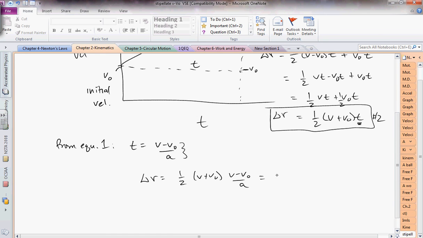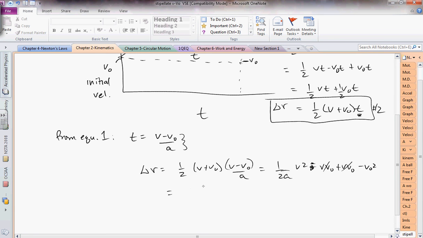Again, we can simplify that a little bit further. We can say that this is 1/2, and I'll put the a down here too, just to make things easier. So v times v, and we'll just multiply these two things together. So we'll get v squared plus v naught v minus v naught v, so these two will cancel out, minus v naught squared.